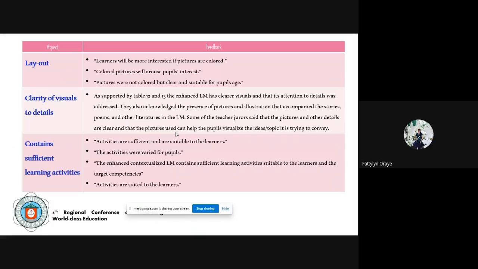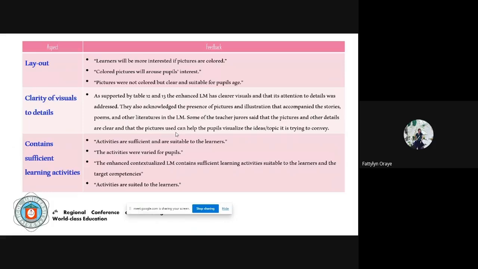Clarity of visuals to details. As supported by tables 12 and 13, the enhanced LM has clearer visuals and its attention to details was addressed. They also acknowledge the presence of pictures and illustrations that accompanied the stories, poems, and other literatures in the LM, since some stories, poems, and other literatures did not contain pictures or any visuals.